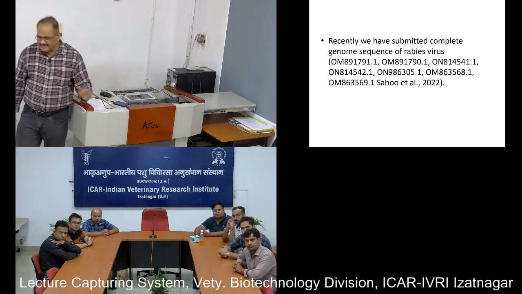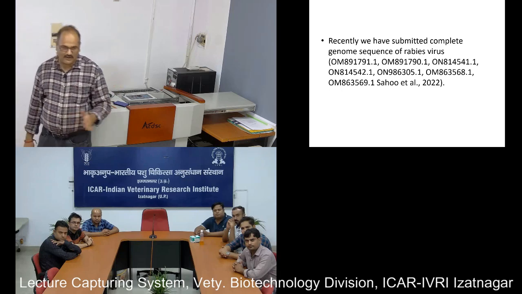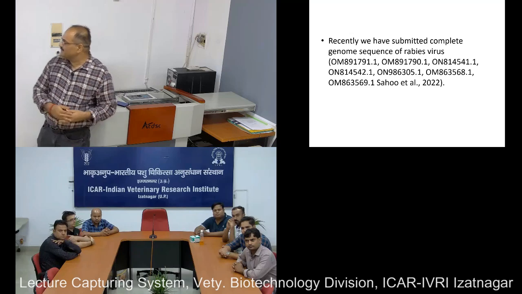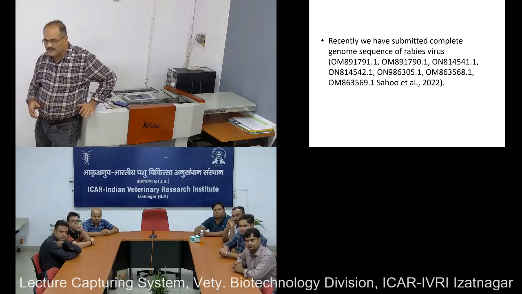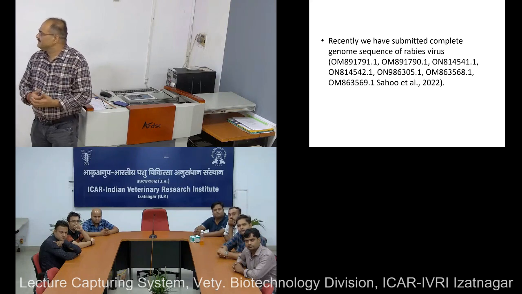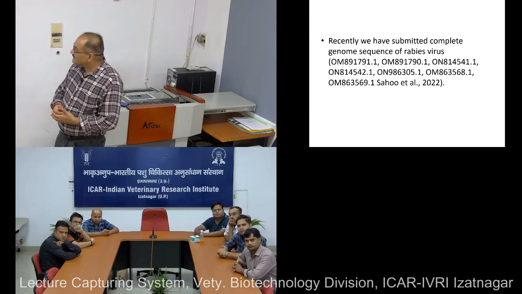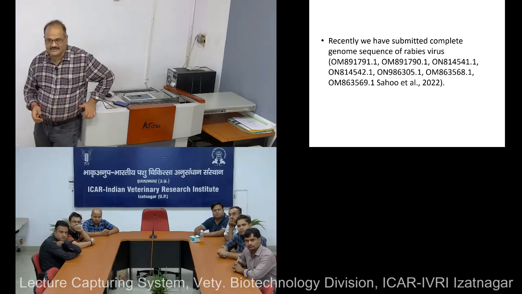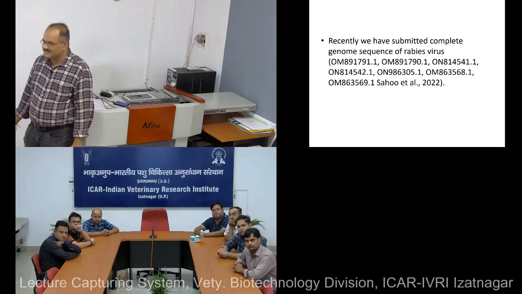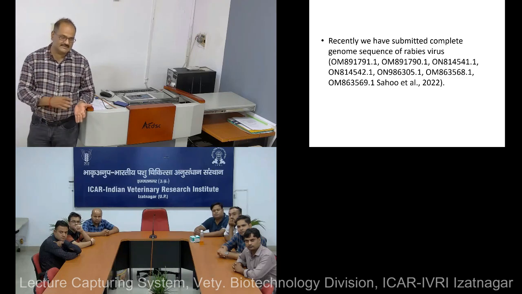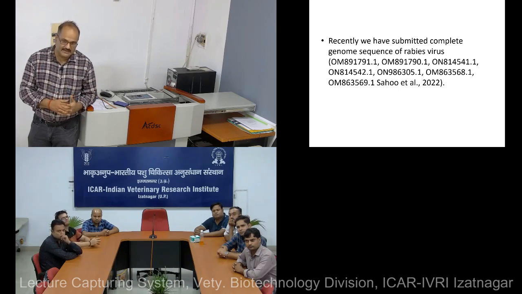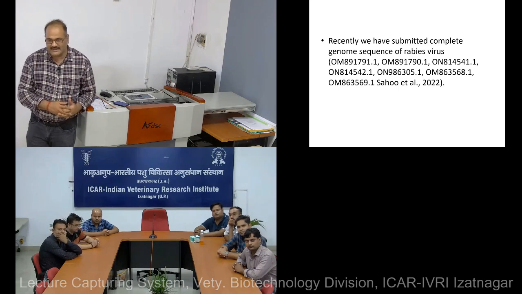In the earlier time we were looking for a small portion of the genome. Now we can go for the entire genome sequence, and it is very important. Recently from our lab, from our group, we have submitted 7 whole genome sequences of rabies virus, and all these isolates of rabies virus are from various species of animals, domesticated and wild.